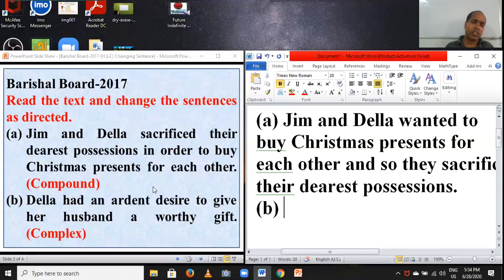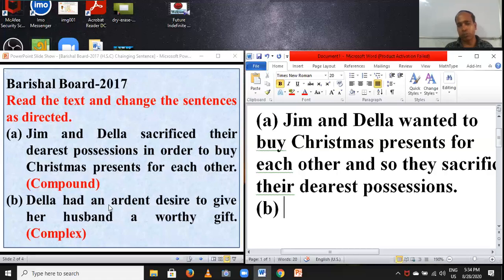Dear students, notice the previous sentence, previous question A. There is no difference between question A and B, but here it is said to change into complex, whereas there it said compound.